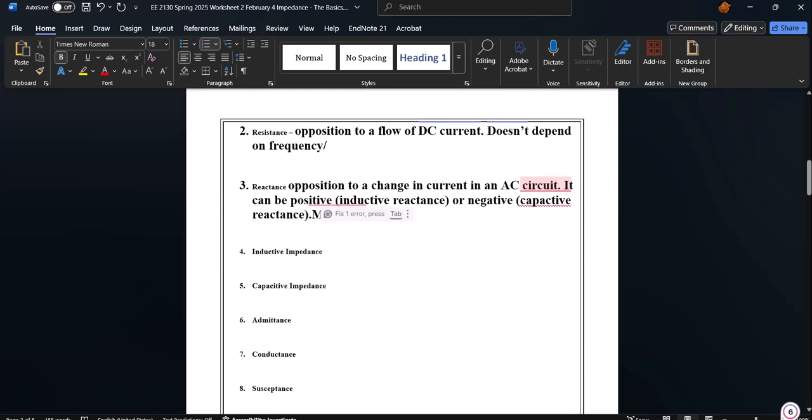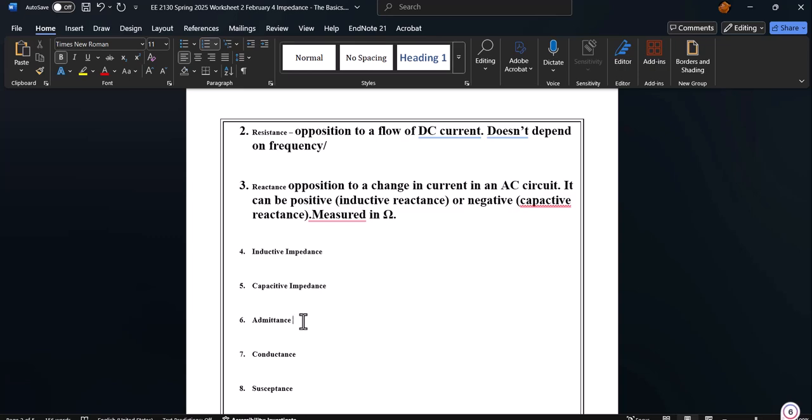So I'm not going to do inductive impedance and capacitive impedance because those are pretty much just the reactance from an inductor and the reactance from a capacitor, and we've already talked about inductance being positive, capacitance being negative. So you can fill those in.